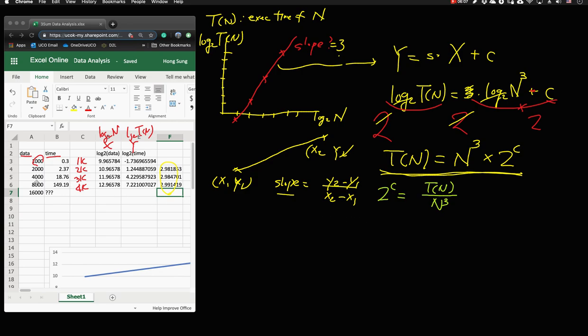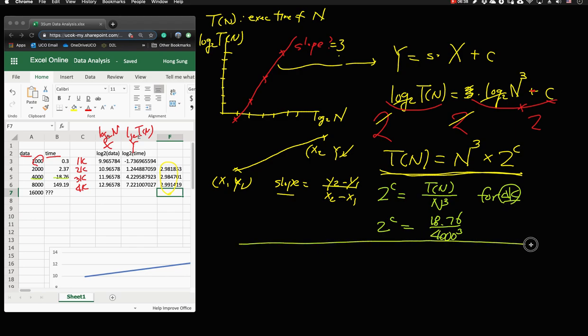So for 4,000 data, we have the one. For 4K data, what you get is 2 to the c is execution time 18.76, and then data n is 4,000 cubed. That's 2 to the c. So we found it out of 4K data.